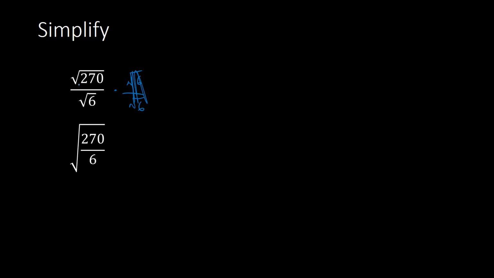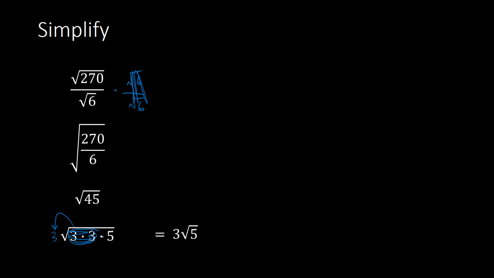So when I combine into one radical, 270 divided by 6 actually would divide evenly to give me 45. And then 45 can break down as a product of 3 times 3 times 5 after you factor it. Well, the 2 3s means that I could pull out 1 3. So I have one group of 3s, I pull out 1 3. I'm left with a 5 on the inside.